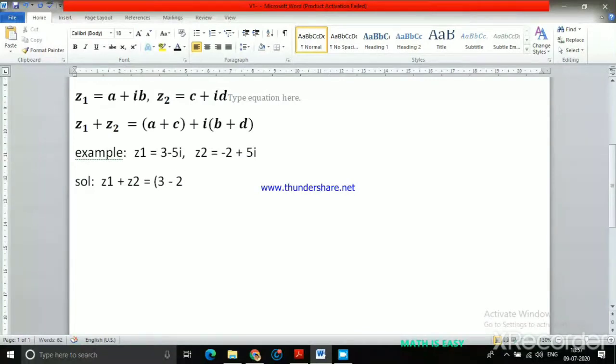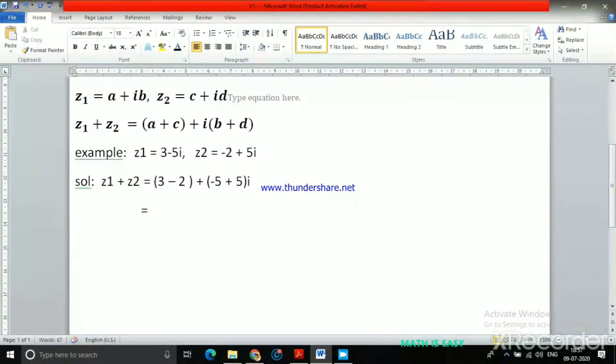So 3 minus 2 plus, the first imaginary part is minus 5, so I'll put minus 5 and the second imaginary part is plus 5. So minus 5 plus 5 into i. So finally what do you get?